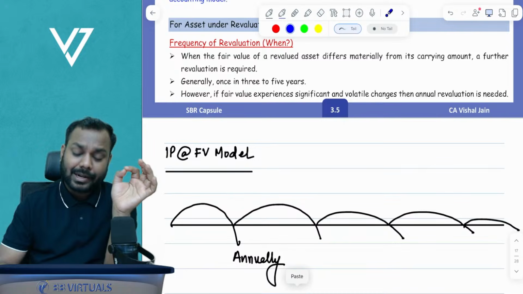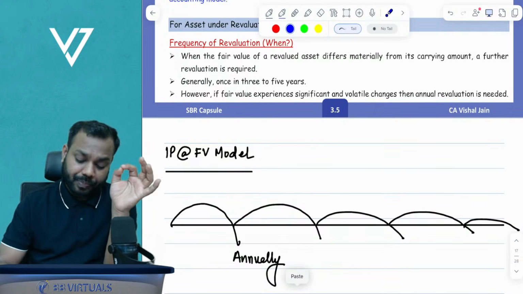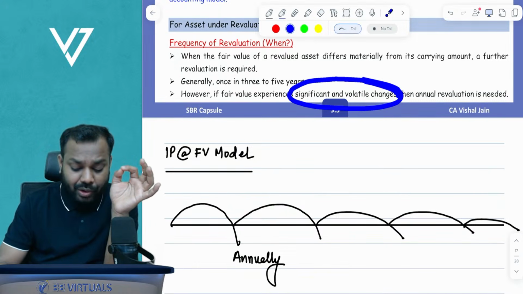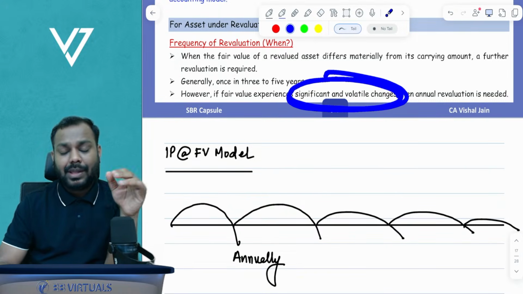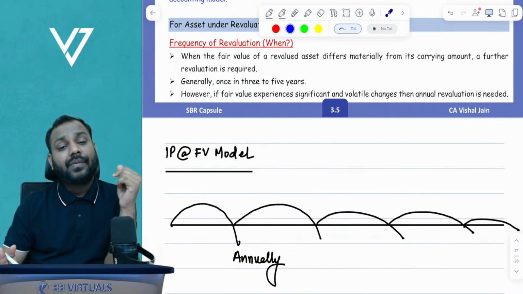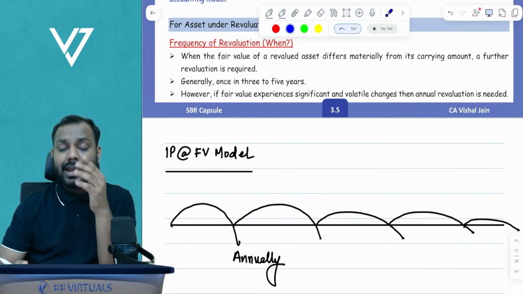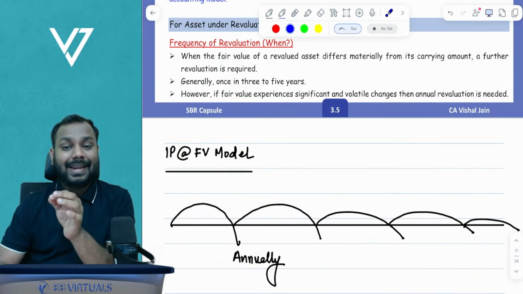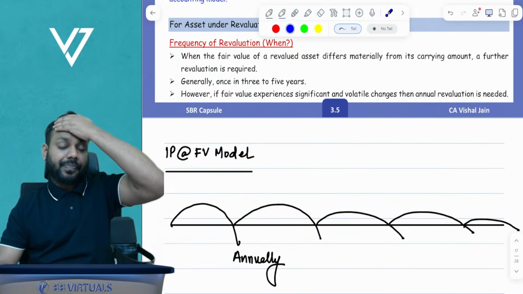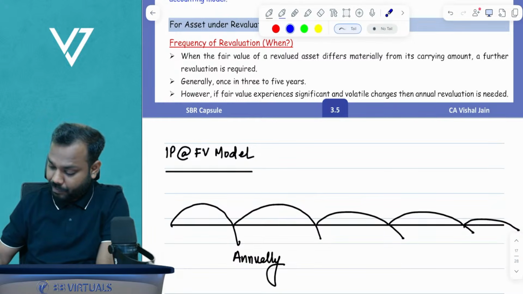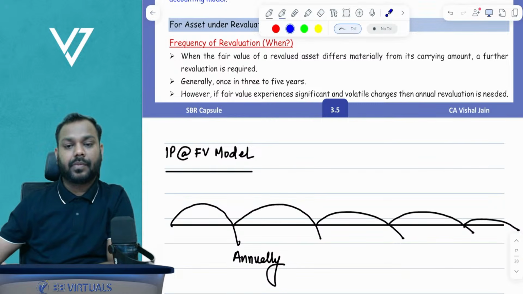If the fair value is significantly volatile, then the entity can consider annual revaluation also, but only if the fair value experiences significant volatility. Is that clear, everyone? Come on, guys, tell me, please. Clear?